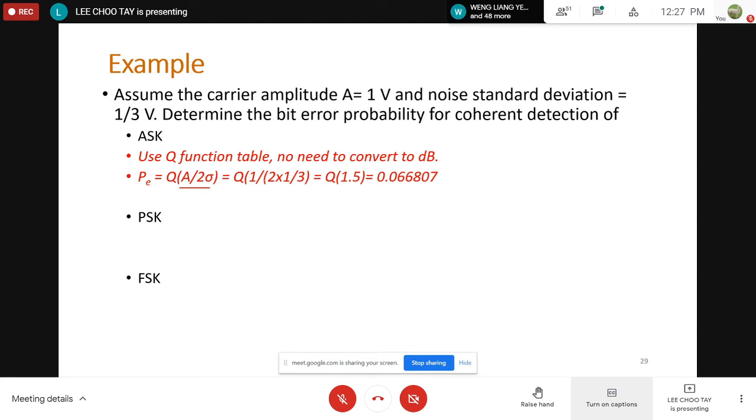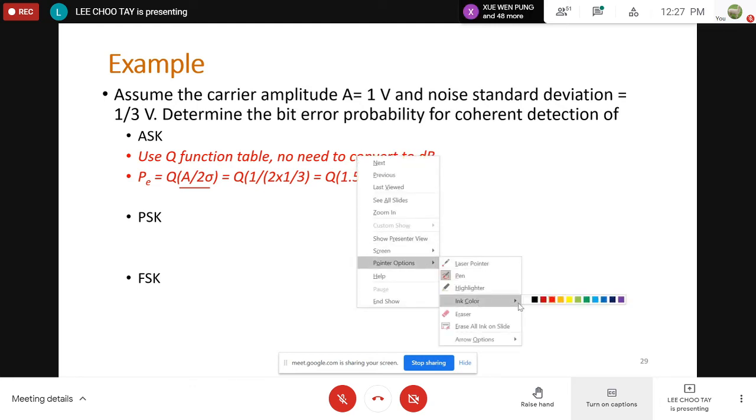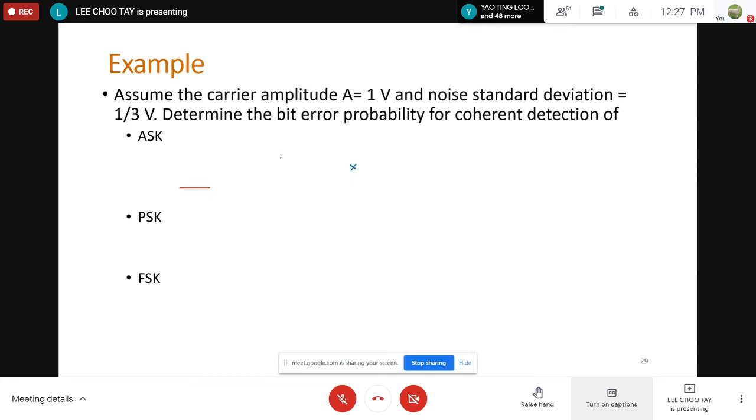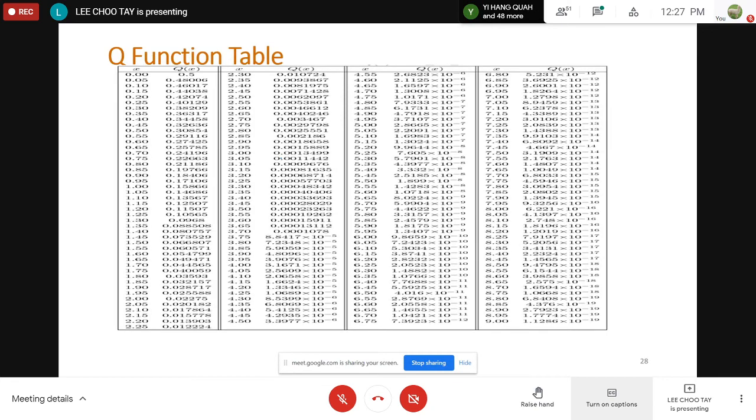So A is 1, and 2 times sigma is 2/3. That gives you Q of 1.5, which means X is 1.5. You go to your Q function table, look for X is 1.5. This is X, this is Q of X. So where is 1.5? 1.5 is here.